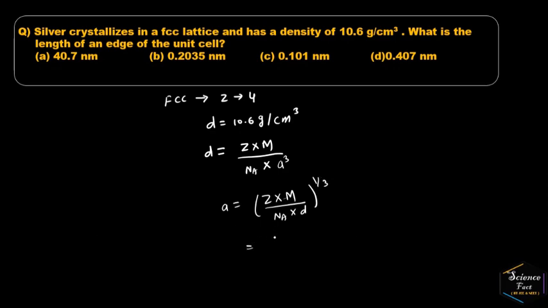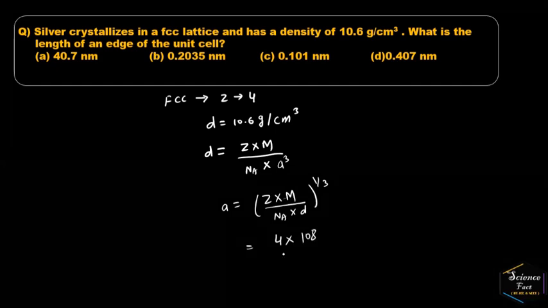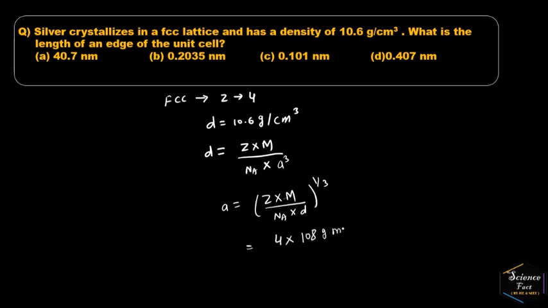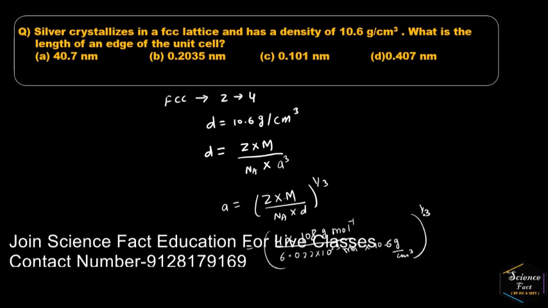Here formula unit is 4 and molar mass of the silver system, that is nothing but a 108 gram per mole. Avogadro number, that is equal to 6.022 into 10 raised to the power 23 in mole inverse into density, that is 10.6 gram per centimeter cube, and whole power is 1 by 3.